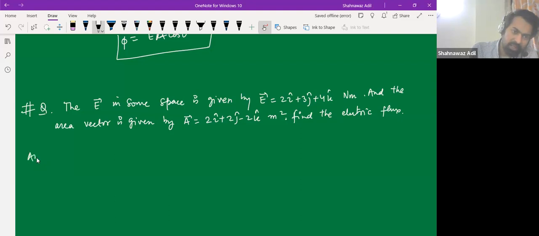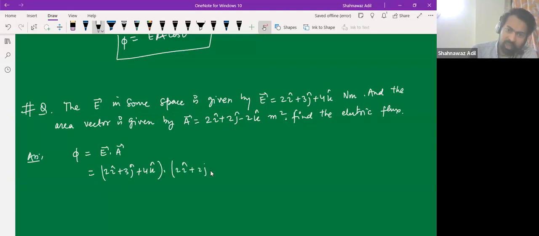We know that flux is E dot A. So E is given, this is 2i + 3j + 4k, dot the area, which is 2i + 2j - 2k. So what would be the dot product? And the unit is Newton meter cube.